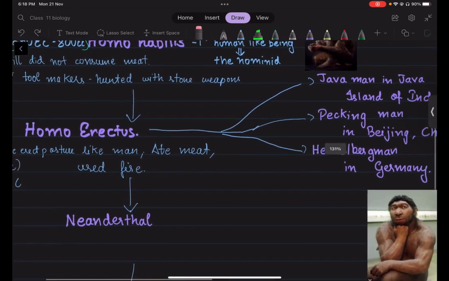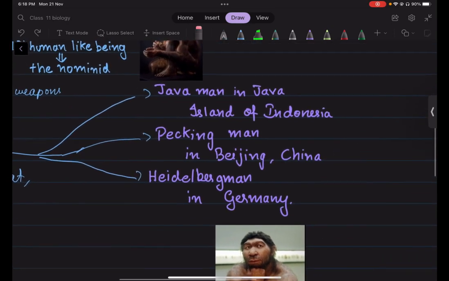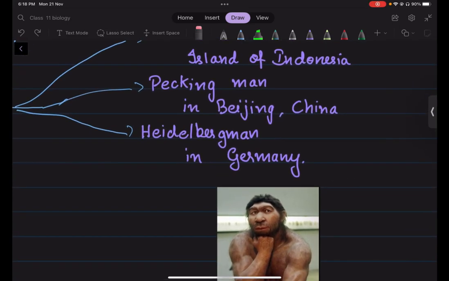We have three famous examples of Homo erectus. First, the Java man found in the Java island of Indonesia, the Peking man found in the capital of China, Beijing, and lastly the Heidelberg man found in Germany.